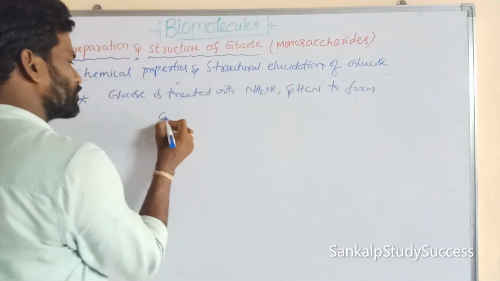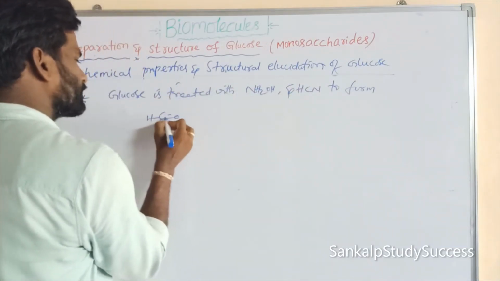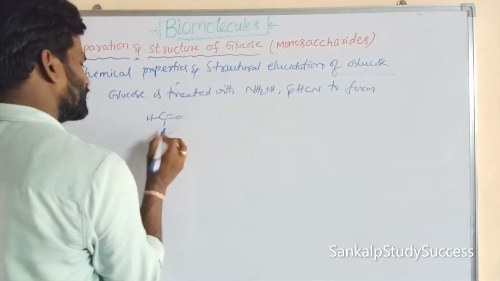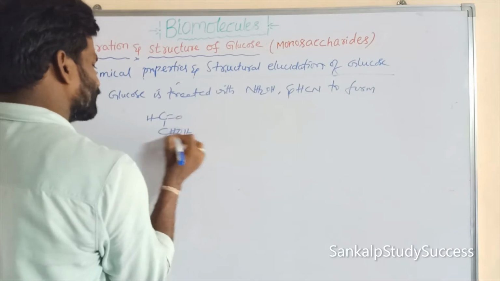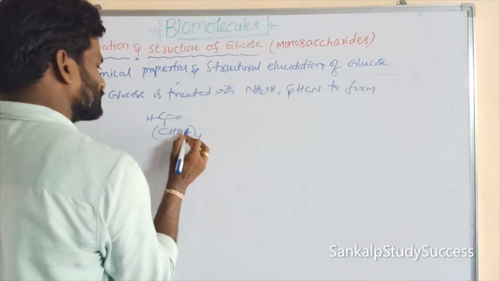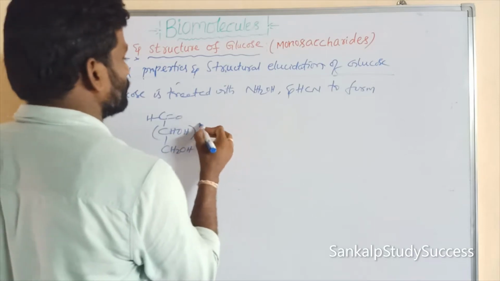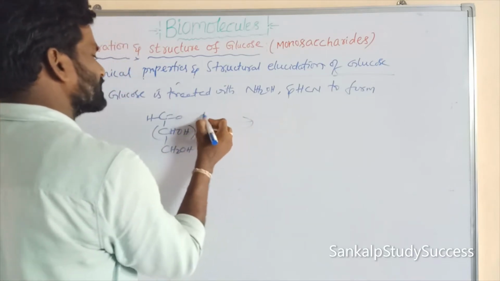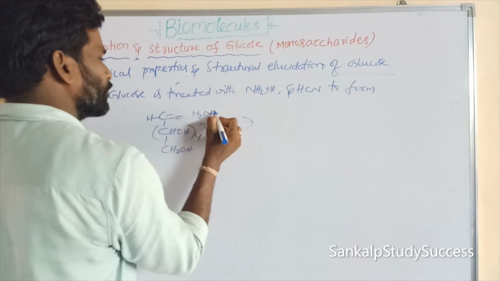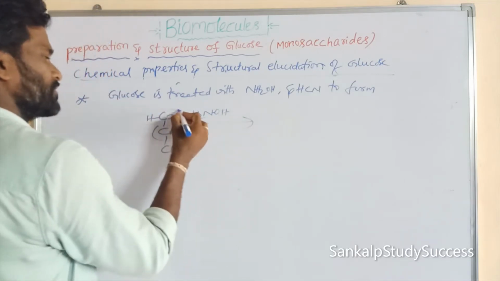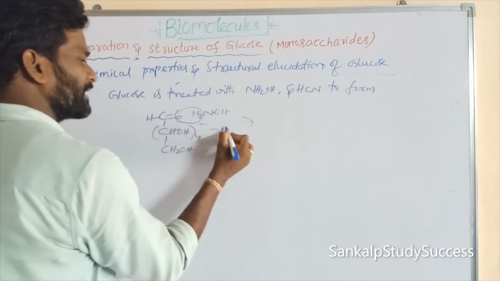So this is the glucose, and this is the structure of glucose, CHO, (CHOH)4, CH2OH. This can be treated with hydroxylamine like NH2OH, so your H2O molecule can be removed.